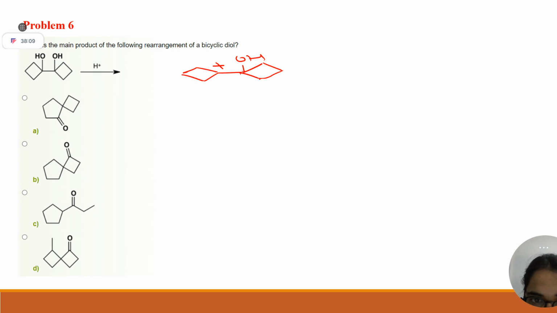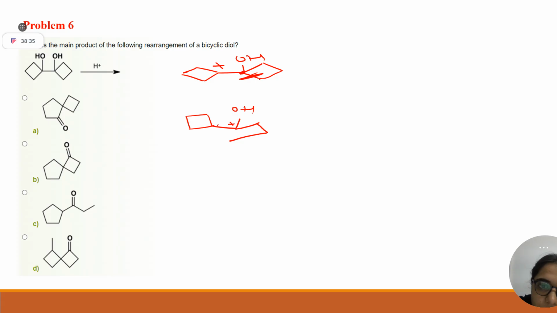Obviously, I want to bring that positive charge here. So which bond will I break? This one. If I break this bond, positive will come here, negative will come here. Okay, for your understanding, let me make this in a more simplified version. This is only for your understanding, students, okay? In real, you don't have to make this.